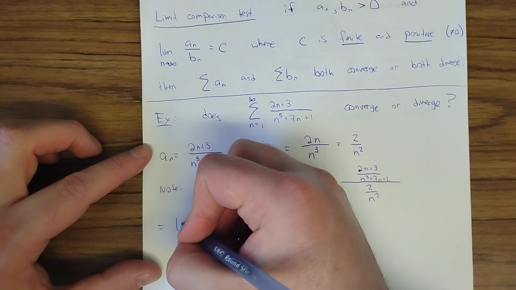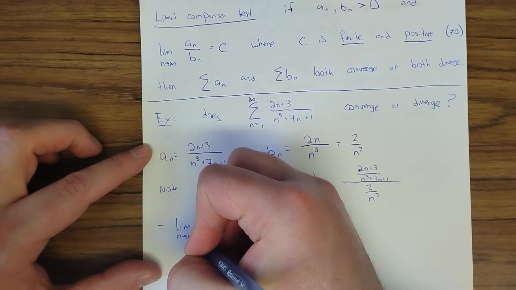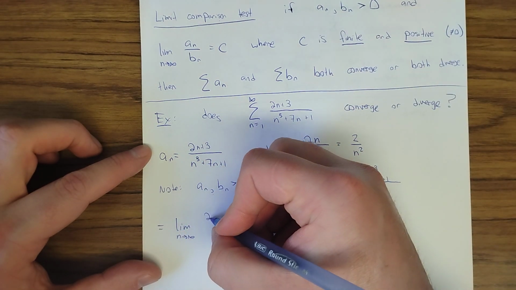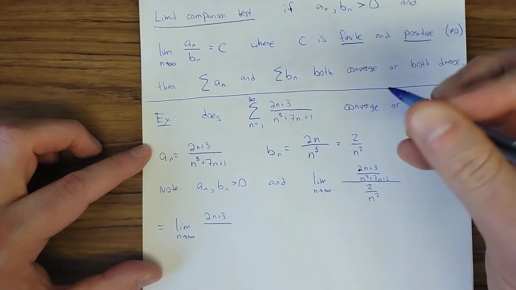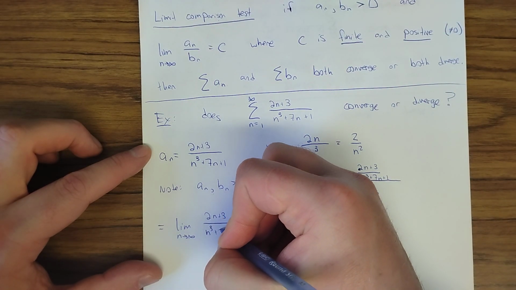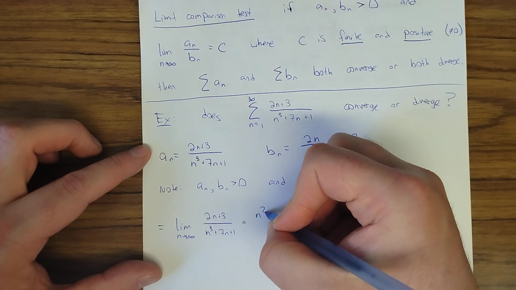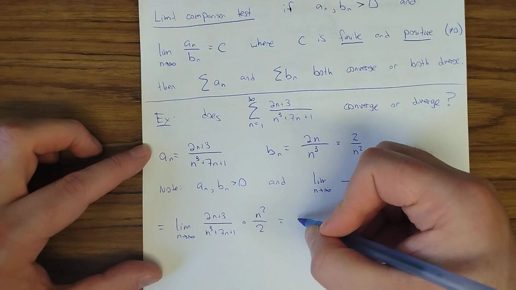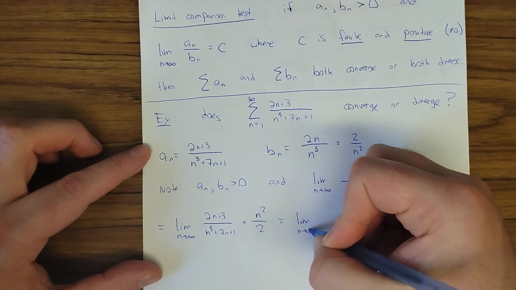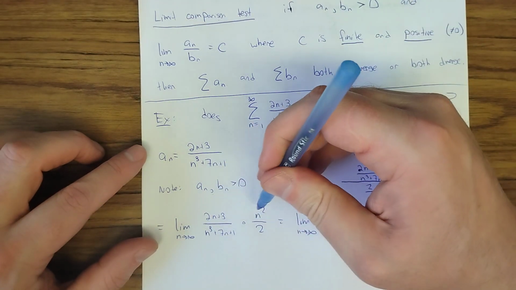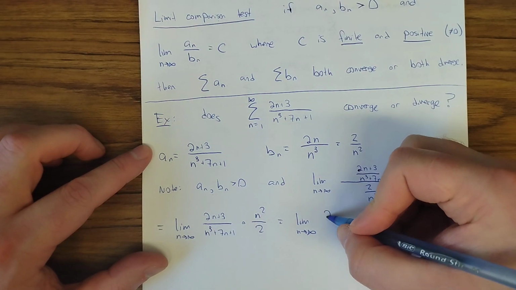I've got a fraction over a fraction. So I flip the bottom. Let's multiply through.